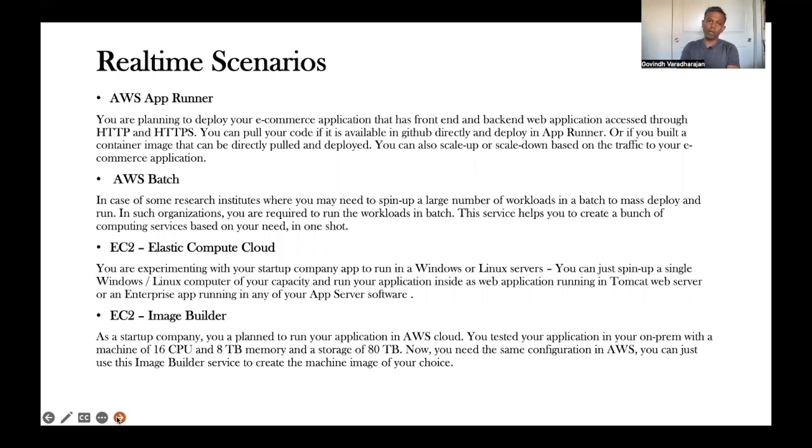You may have a web application and you want to post it in the AWS cloud and open access to it over HTTP or HTTPS. In that case, you can use AWS App Runner and deploy your web application on the AWS cloud and provide access to the customers via HTTP or HTTPS. This is a very simple and easy compute service. All you need to do is upload your front end and back end web application into App Runner, run it, and provide the access URL to your customer.